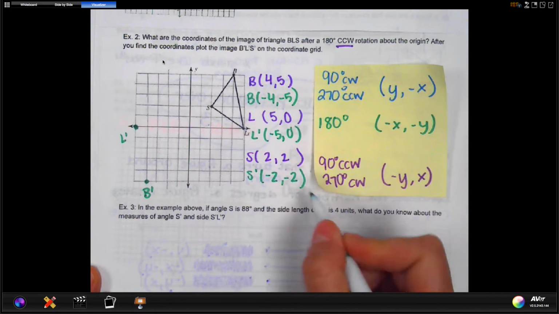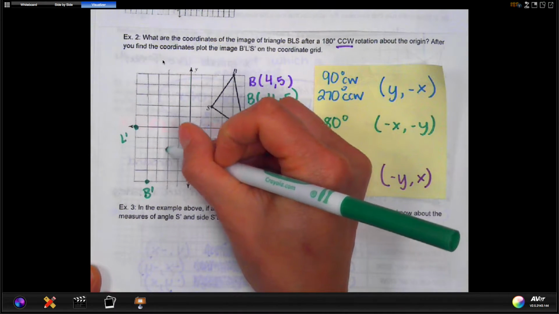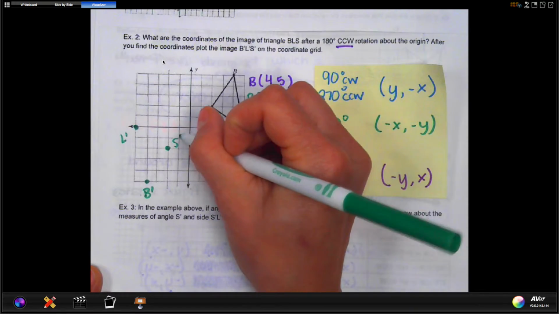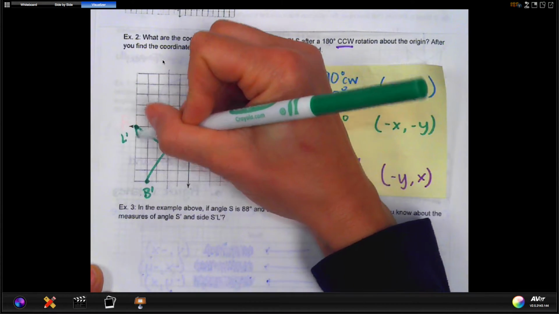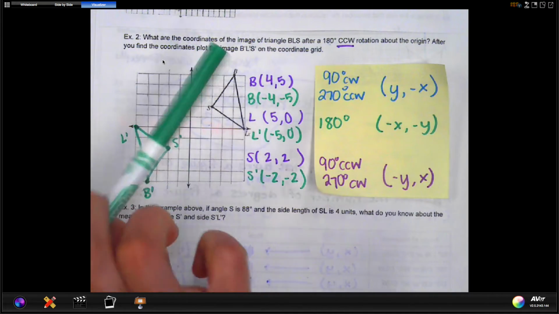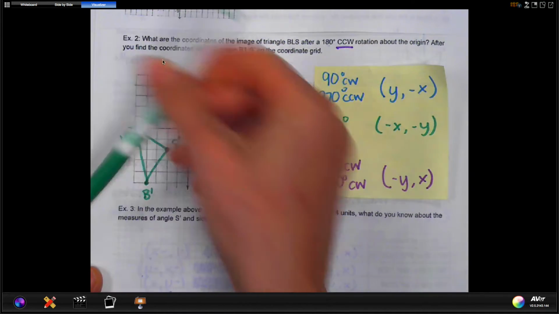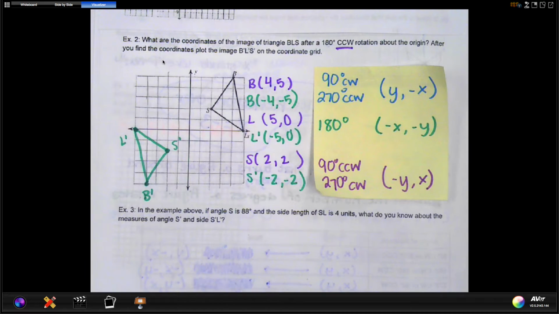And then -2, -2 would be left 2, down 2, and that's our S prime. Reconnect it, and yes, it does appear as though we started here and did a 180 rotation over, and we landed where we needed to land.